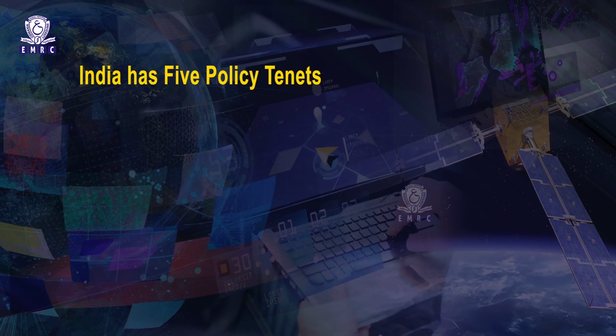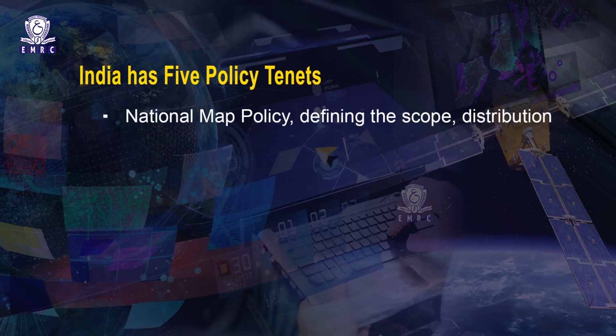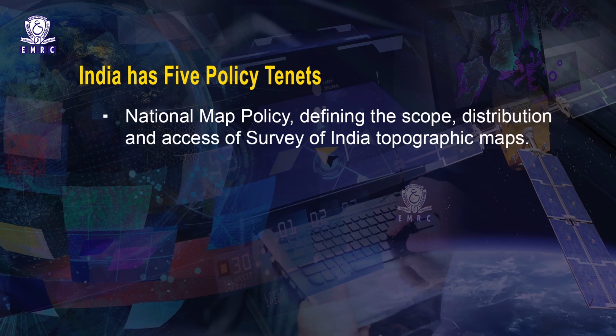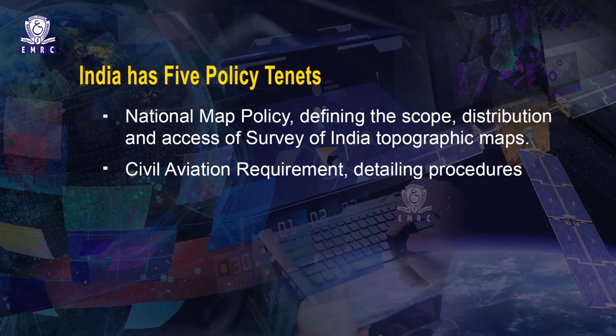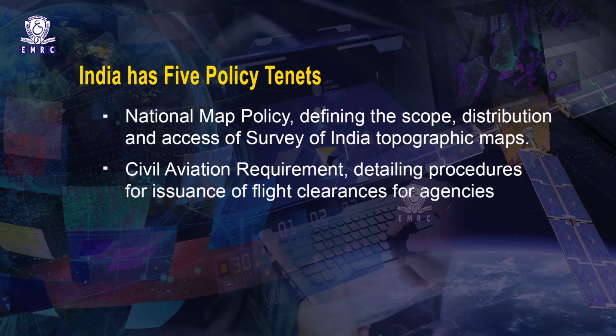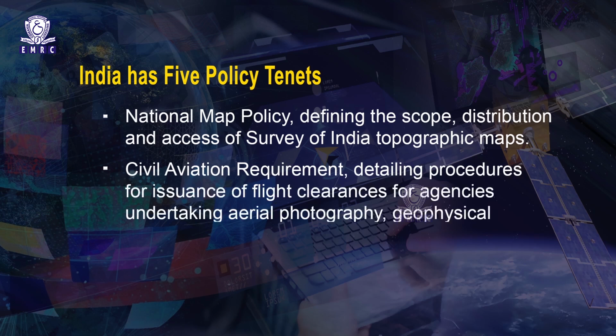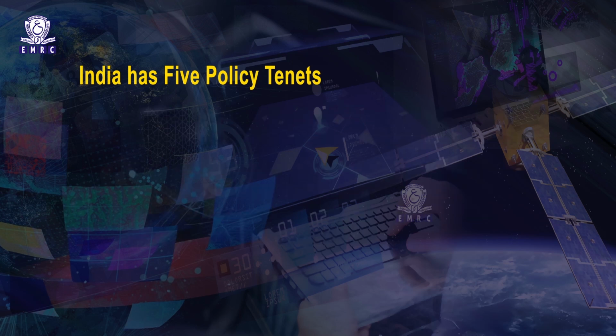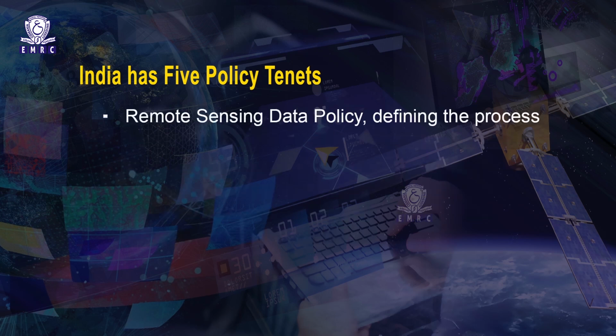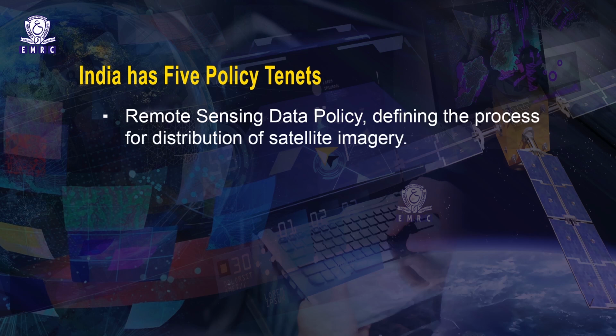Presently, India has 5 policy tenets. First, National Map Policy, defining the scope, distribution and access of Survey of India topographic maps. Second, Civil Aviation Requirements, detailing the procedure for issuance of flight clearance for agencies undertaking aerial photography, geophysical survey, cloud seeding, etc. Third, Remote Sensing Data Policy, defining the process for distribution of satellite imagery.